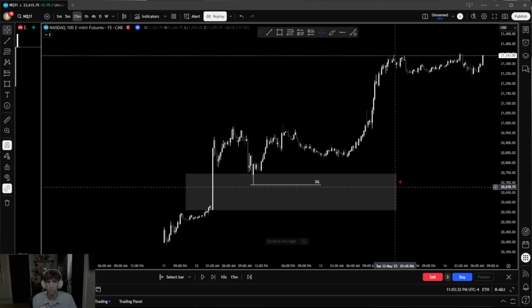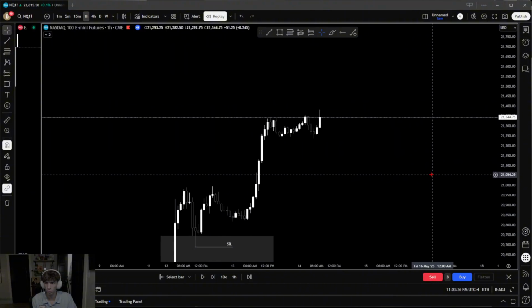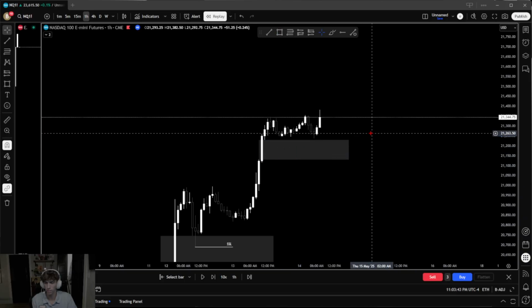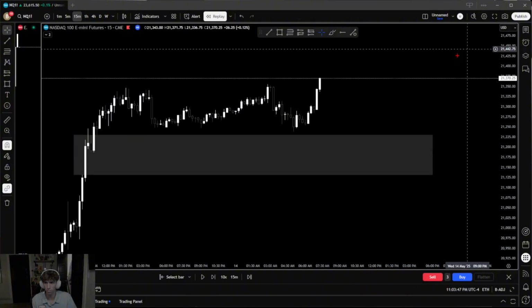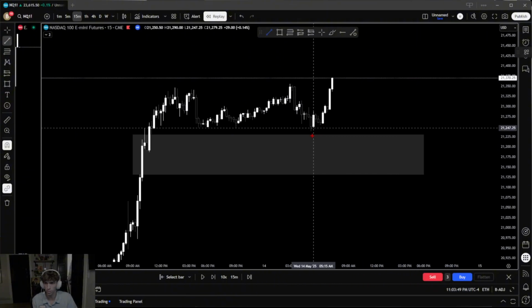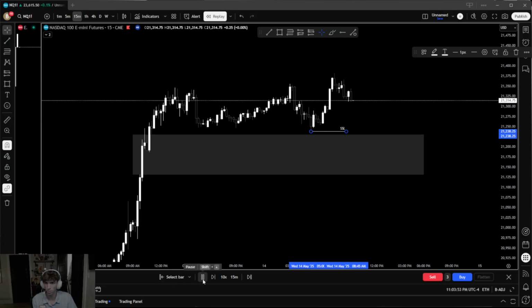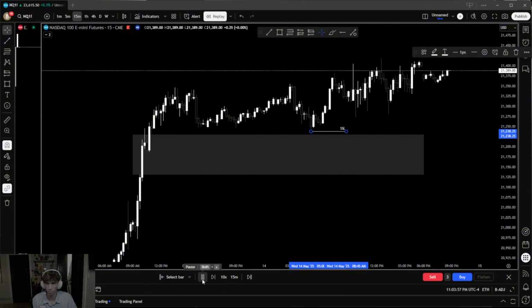Let's see if we can find something. I still am very bullish. I want to see us tap back into this 1 hour PD array. We get to the 15 minute now. Taking out this opposing liquidity. Price could just run on without me.